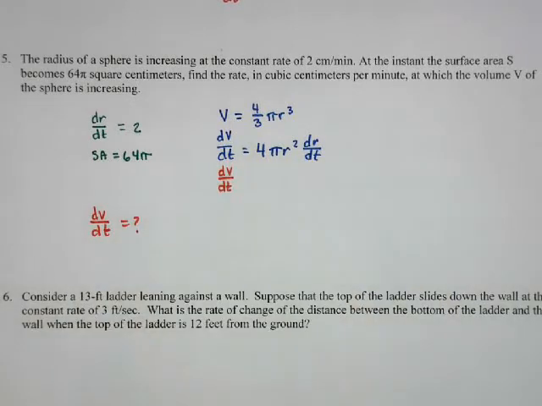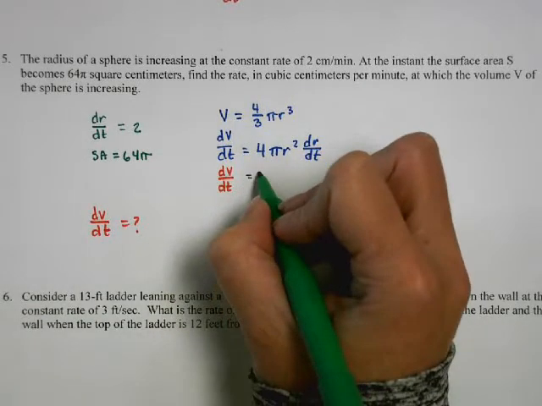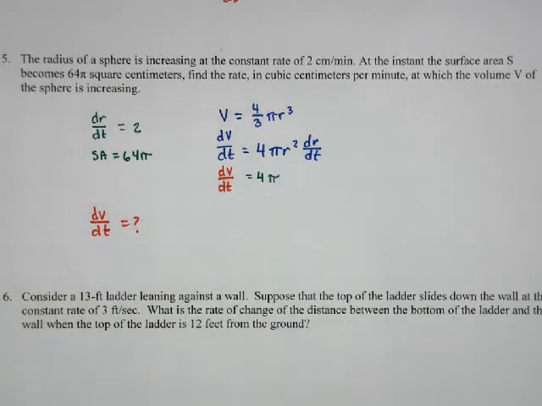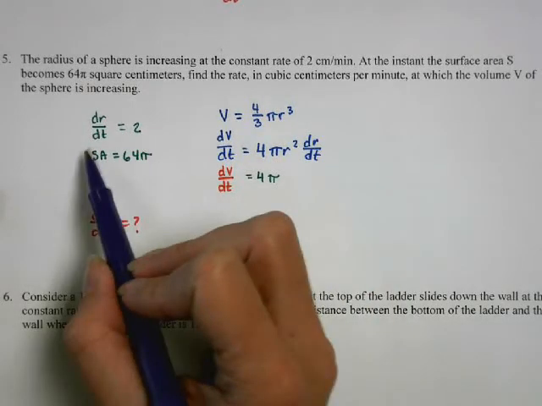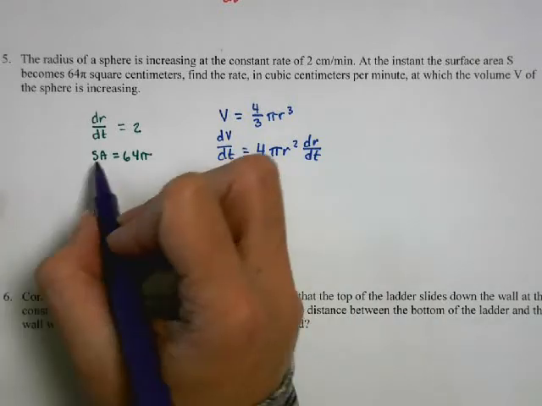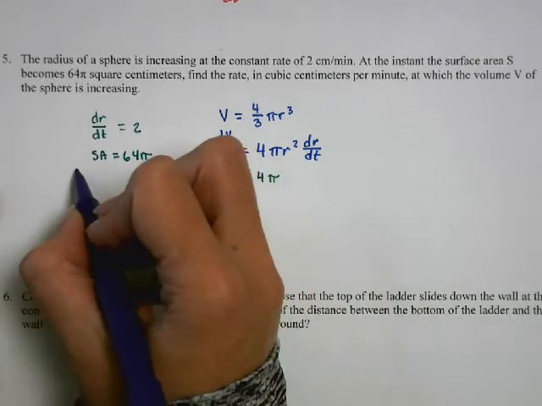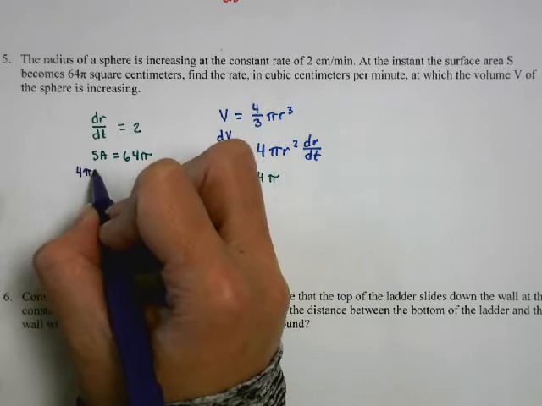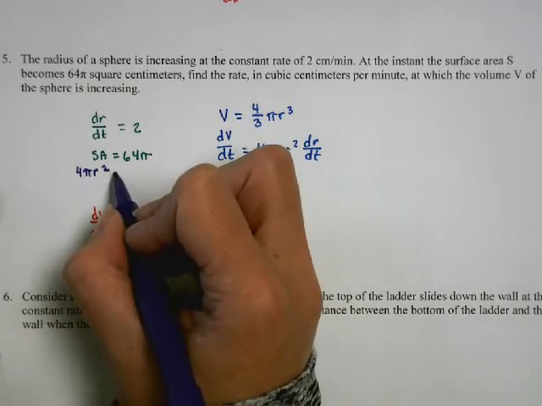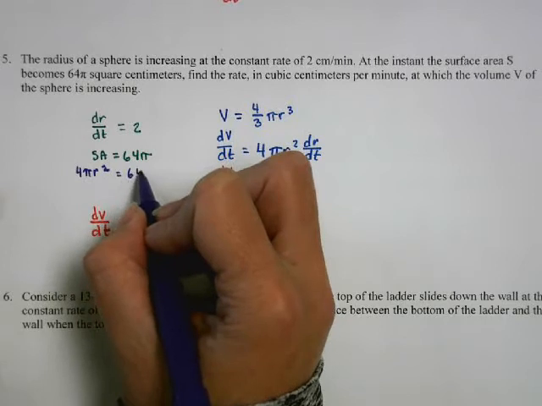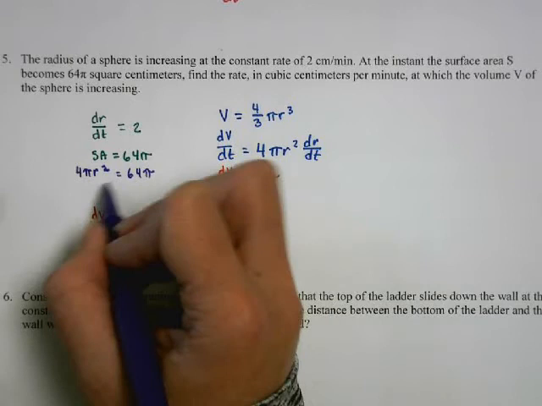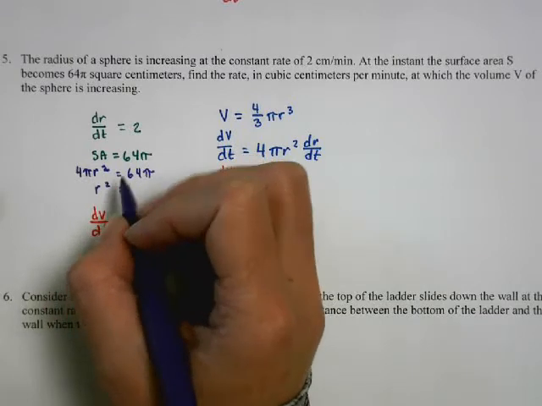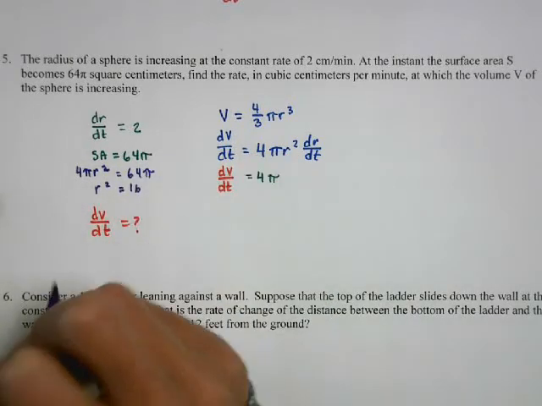4 pi. We don't have the radius at this point in time. We have the surface area. So I need to use this formula to arrive at the radius. So the formula for surface area of a sphere is 4 pi r squared equals 64 pi. So I can divide both sides by pi and 4. So r squared is going to equal 16, which means my radius that we're going to plug into the equation is 4.